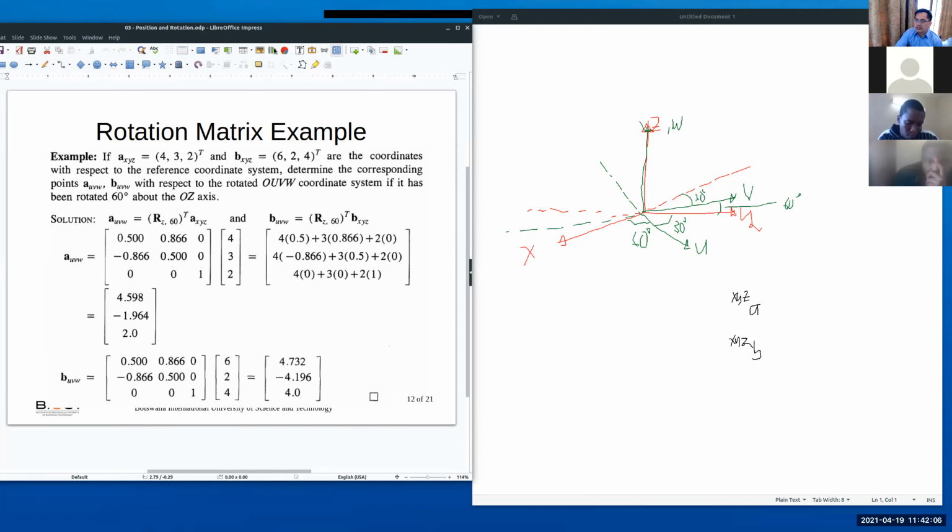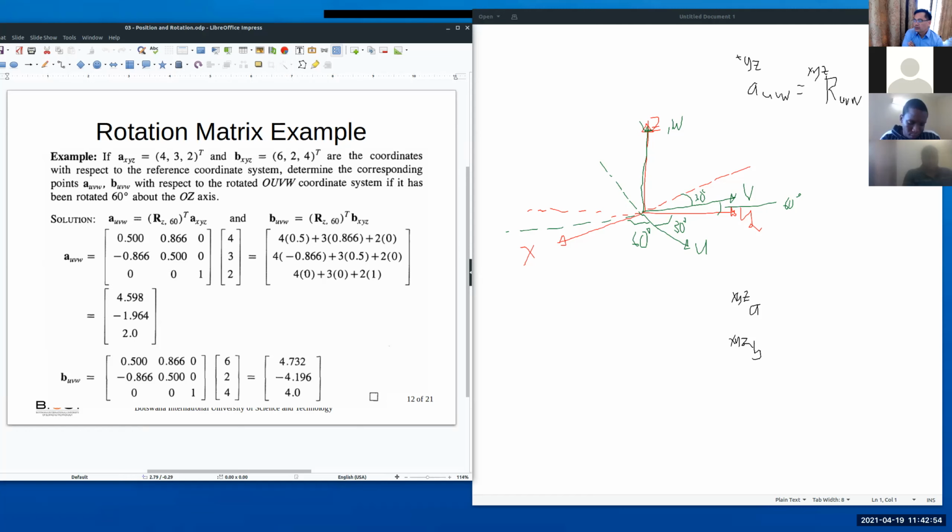In the previous exercise, we multiplied to compute X, Y, and Z of A from U, V, W, which is equal to the rotation matrix of X, Y, and Z into U, V, W, multiplied by the vector A expressed in the U, V, W frame.